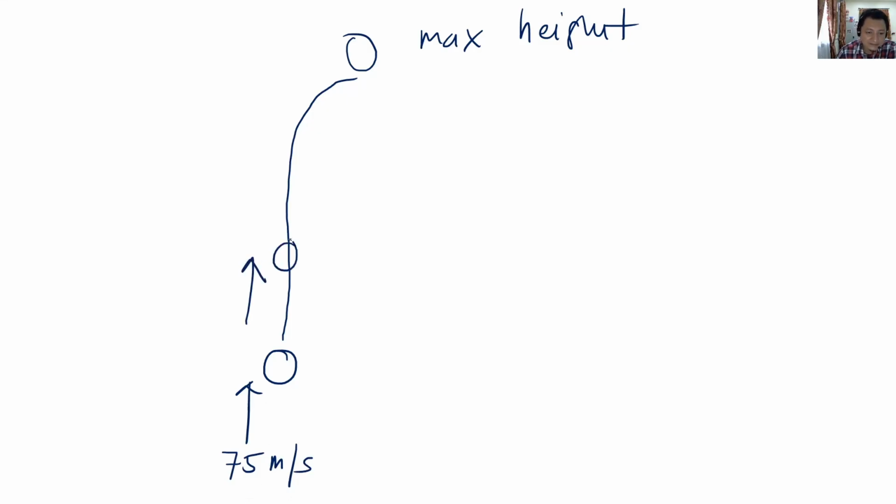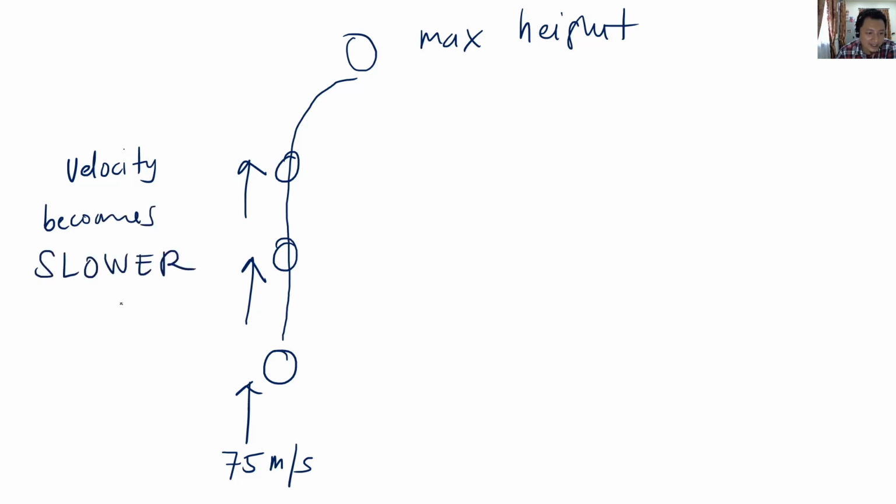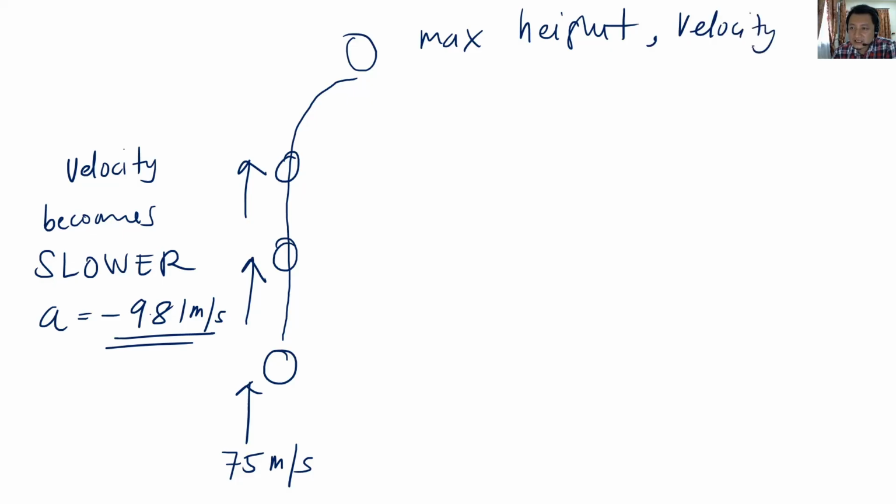It goes up. As it goes up, velocity becomes slower, right? Why? Due to negative g. A is equal to negative 9.81 meter per second. At maximum height, velocity jadi 0 terus. Velocity becomes 0.